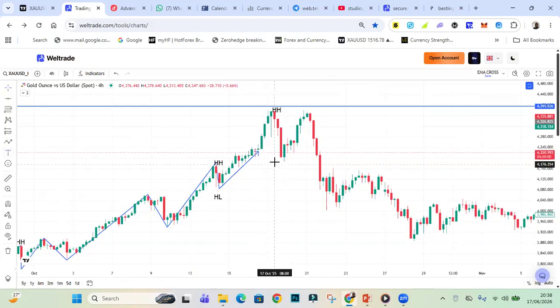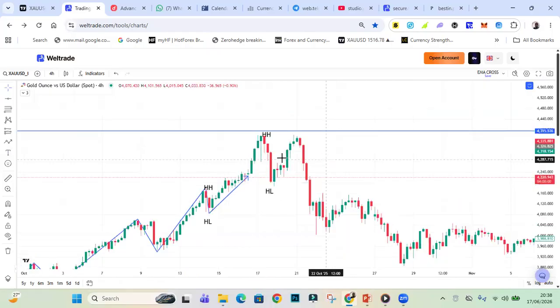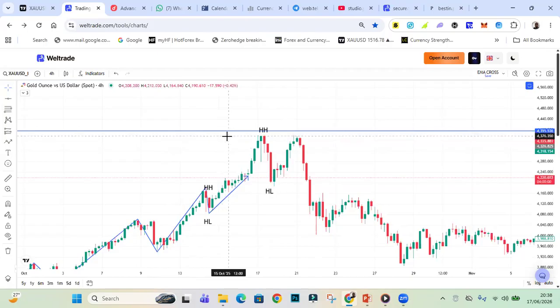This one is also a higher low. Now, this is the last higher high we got. If you look at it, it's higher than this one. So let me bring my cursor, look at it. Are they equal high? More like equal high. So you can also call the two of them high.